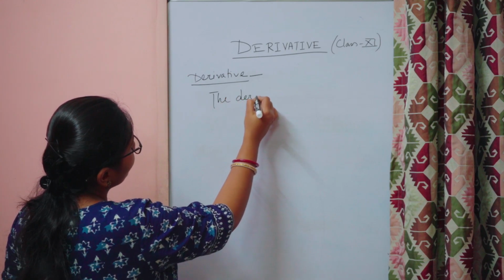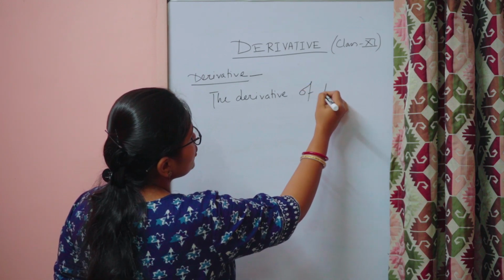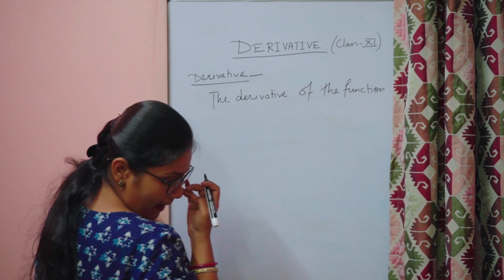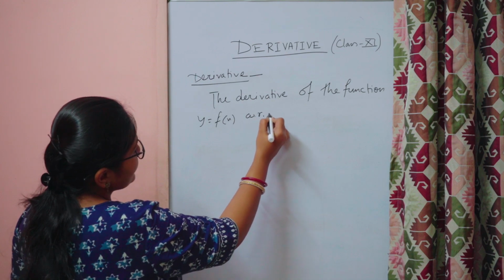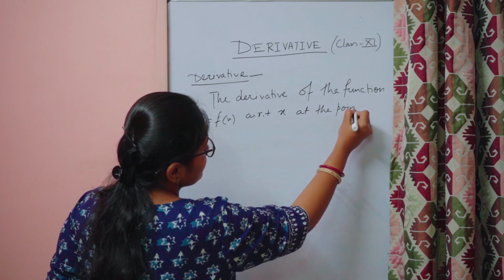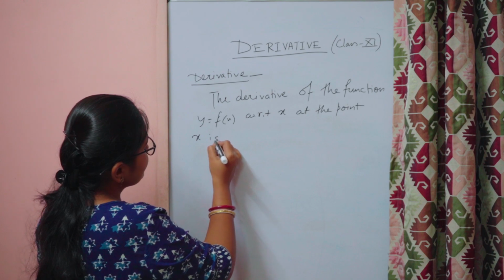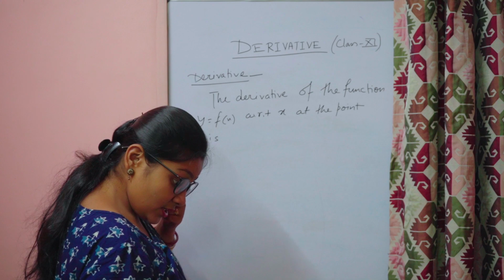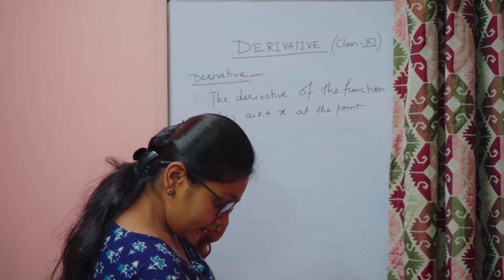The derivative of the function y is equal to f(x) with respect to x at the point x is taken with the limit.